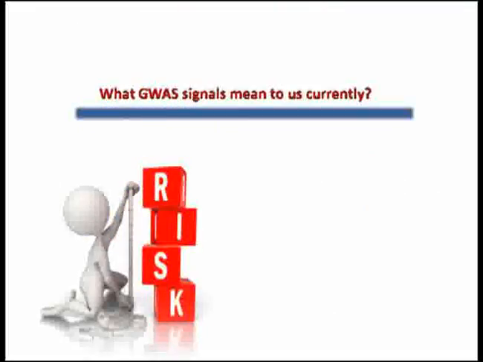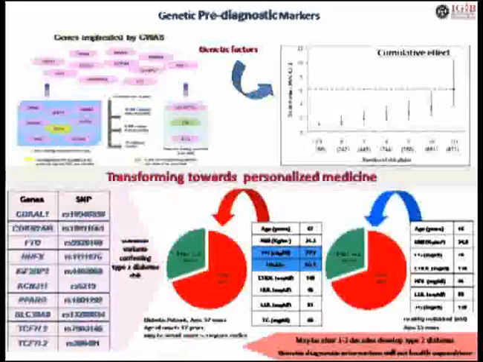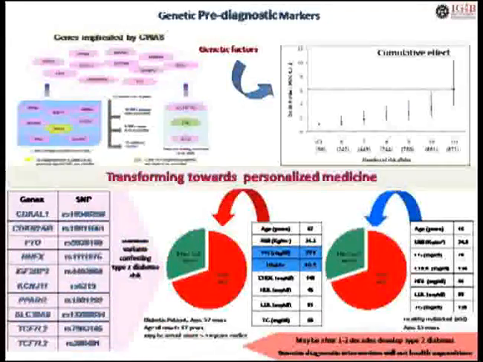Now, what do these genetic signals mean? Somebody asked me when it will come to clinicians for use. Actually, we are not yet ready. But if you see this slide, these 10 genes are strongly associated with type 2 diabetes anywhere in the world.